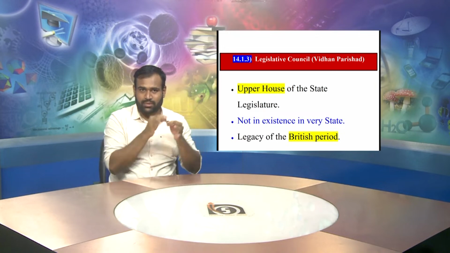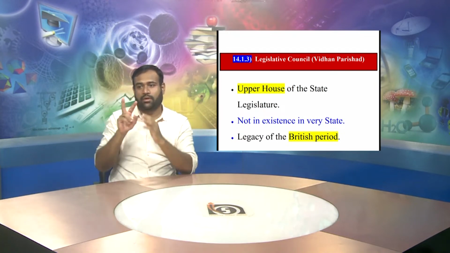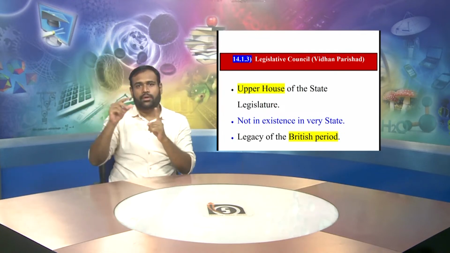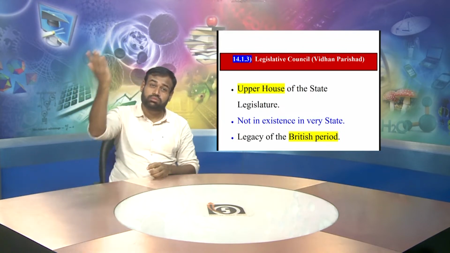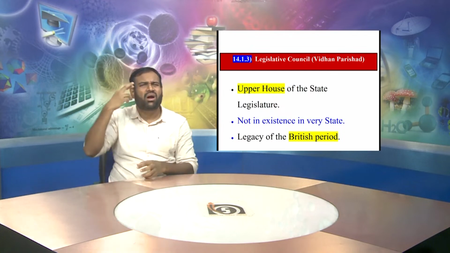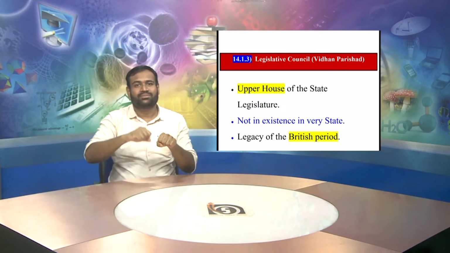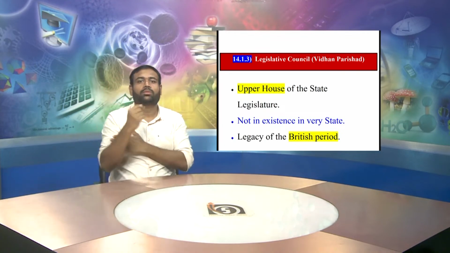So we have already understood the Vidhan Sabha, and here we will be talking about the Vidhan Parishad. This is the upper house of the state legislature. This is not in existence in every state, and it is a legacy of the British period.